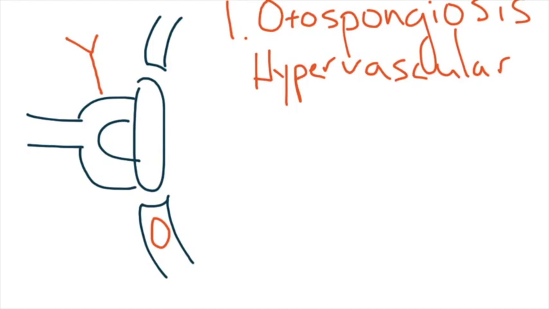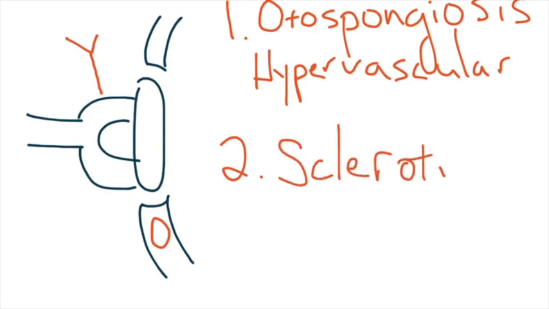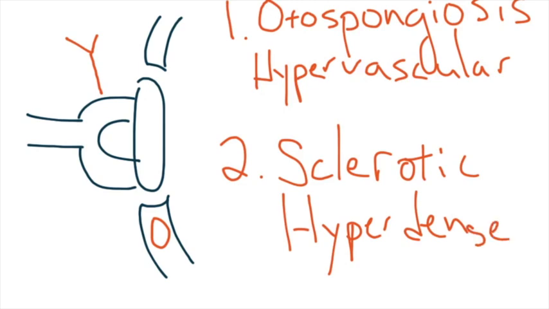The second stage of otosclerosis involves the replacement of spongy lesions with sclerotic, hyperdense material. This process can extend beyond the initial area of the fissula antifenestrum. It's important to understand that the movement of the stapes is not in an in and out motion like a piston, as most people assume.